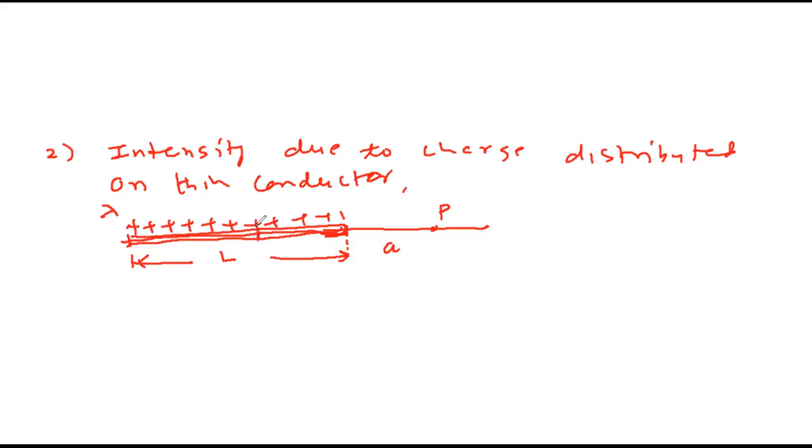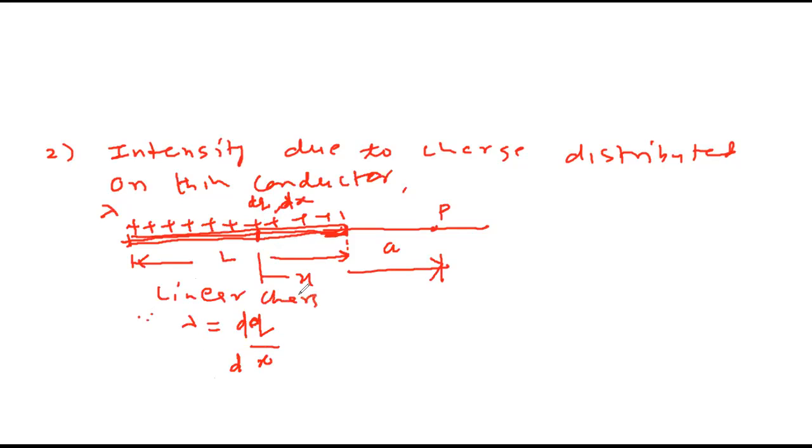So if I consider a very small point having charge dq and length dx at a distance x from P. Small charge upon small distance is lambda, which is called linear charge density. So dq I can write as lambda dx.